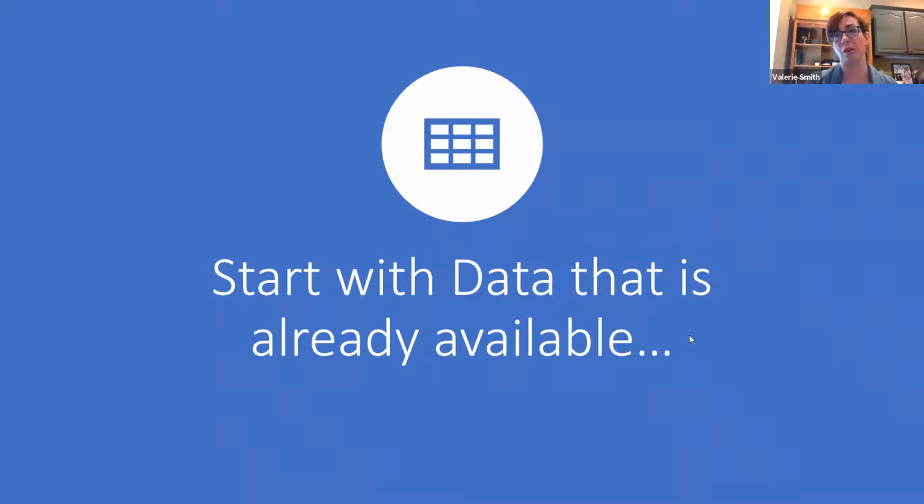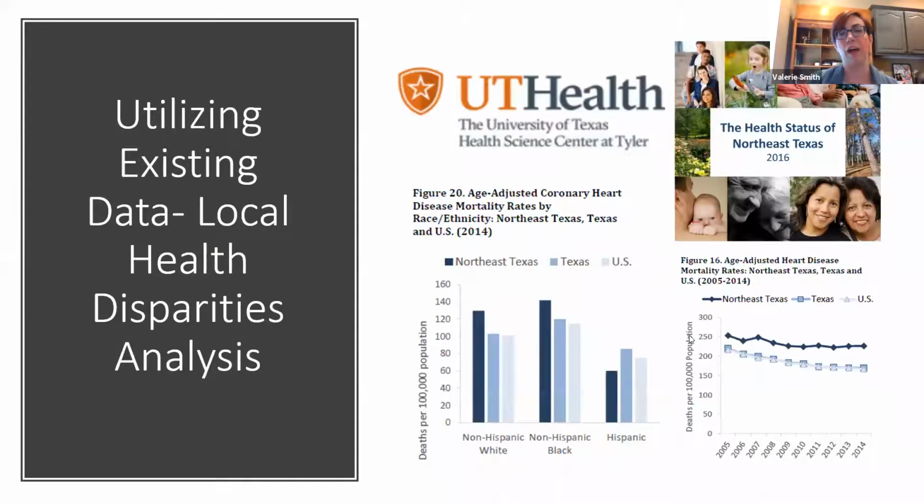But let's start with what data is already available. I am sure that you all are aware of data sources from Feeding America and Tract, for example, the Food Research and Action Center. So I really wanted to talk about some other data options today. The first thing I wanted to mention, because this really was part of the impetus for the formation of our community, is that you may have local health disparities data that you don't even know is there in your community.